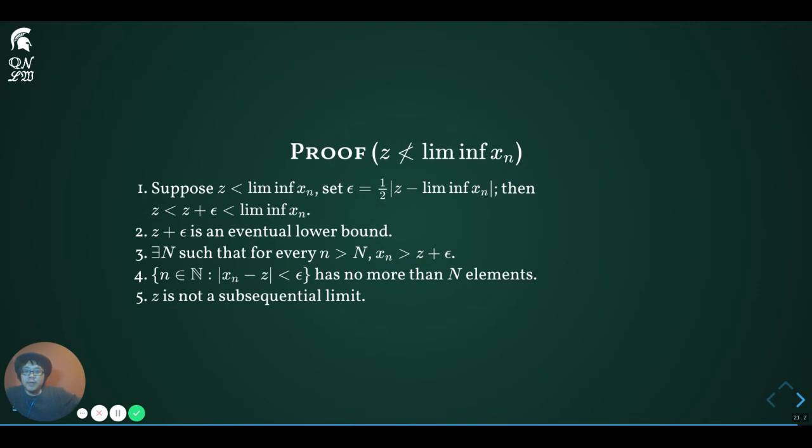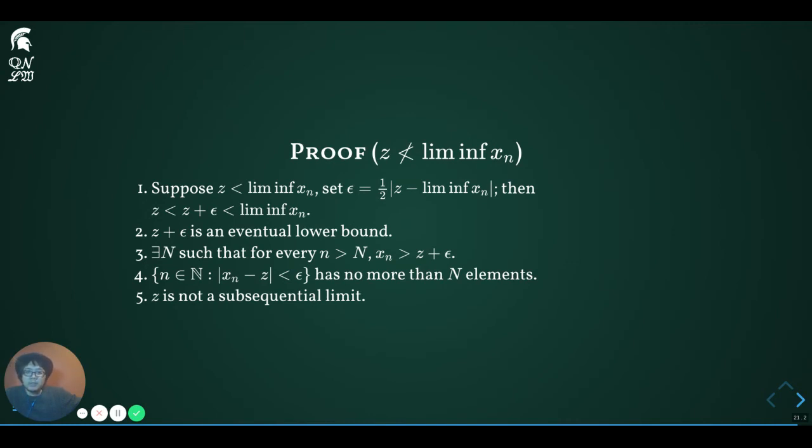So, start with taking an arbitrary z less than liminf. Let epsilon be 1/2 the distance from z to the liminf. And so we know that z plus epsilon is between z and liminf. Since z plus epsilon is less than liminf, we know that it must be an eventual lower bound.